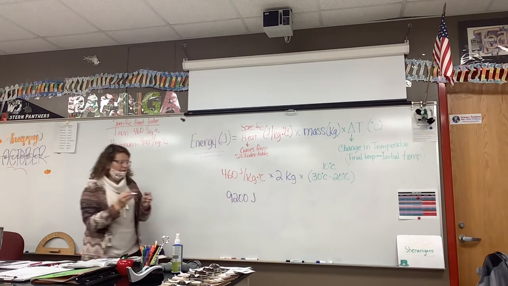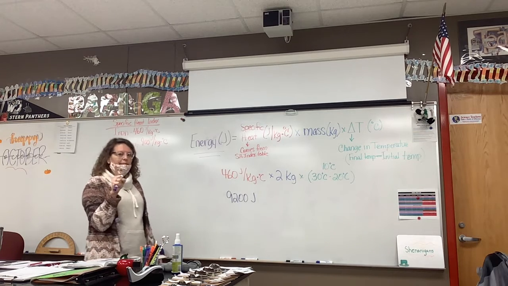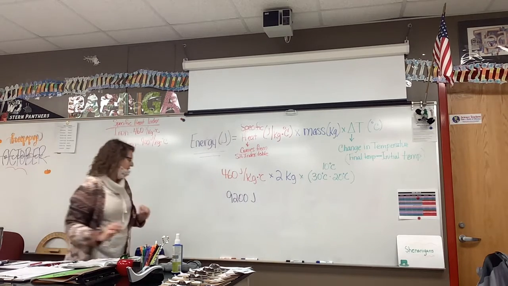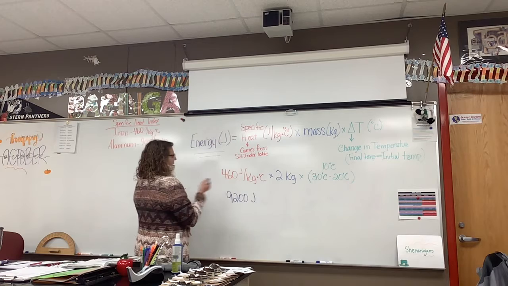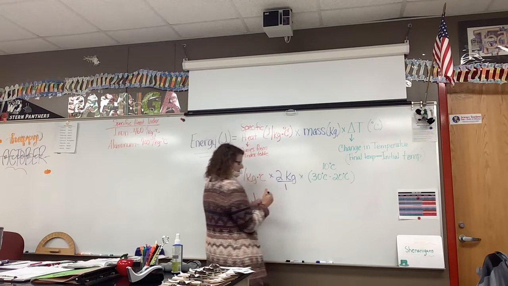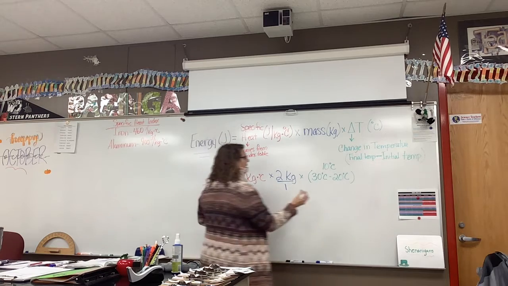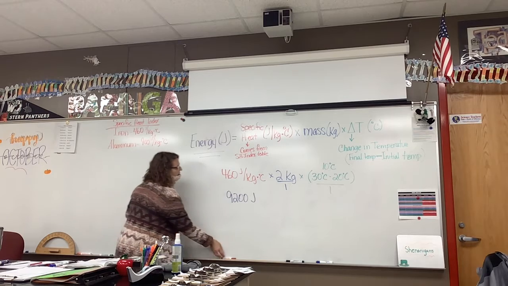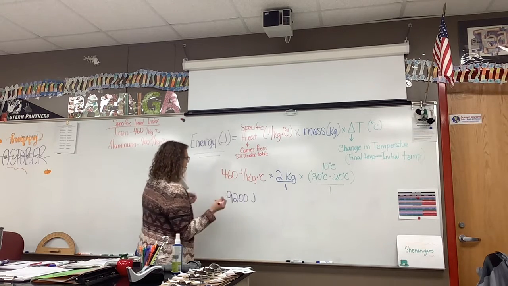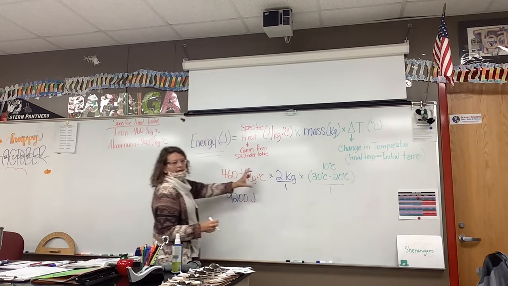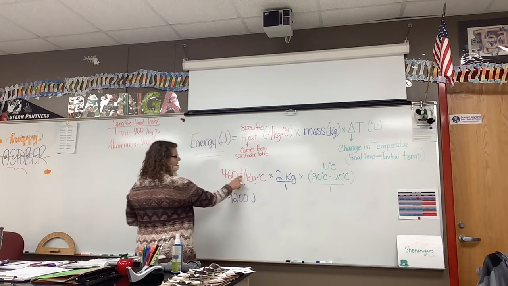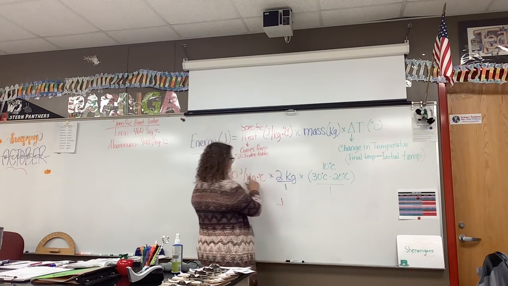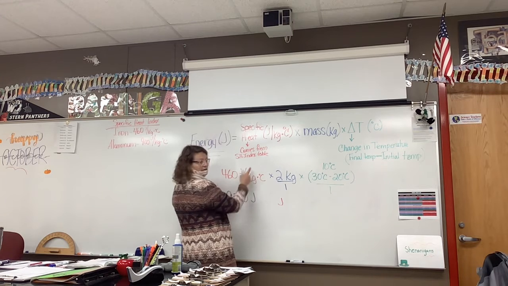How did I end up with joules? Well, if you're multiplying all the way across here, you might think of it this way: that's over 1, that's 10 over 1. I'm doing that for a reason. I want you to see this. I'm going to ignore the numbers right now and just look at the units. This is a joule. It's on top because this means divided by.